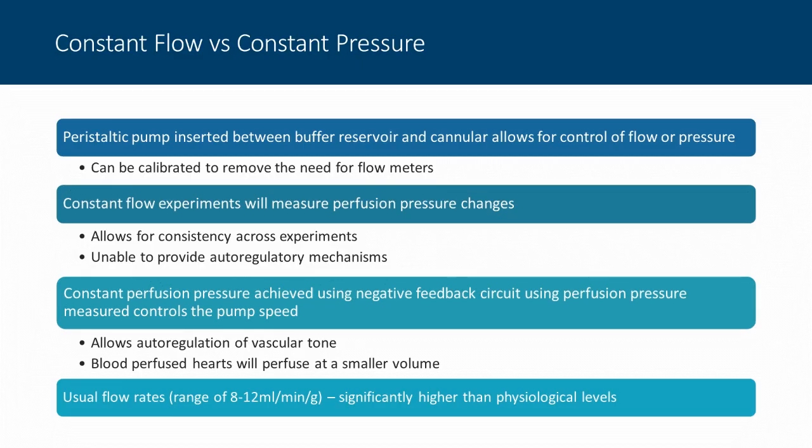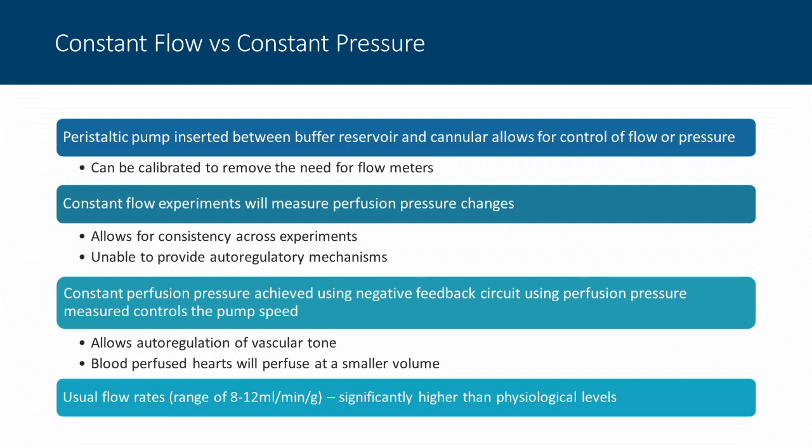And it also allows for a switch between constant flow and constant pressure. In this particular case, it's important to realize that we're measuring both flow and pressure, and it allows us to visualize how perturbations in either parameter have an influence on the other parameter.